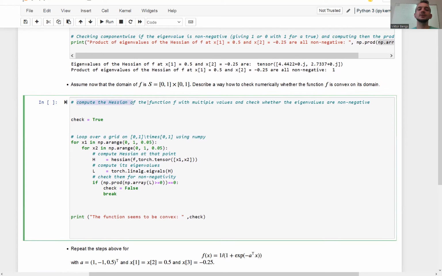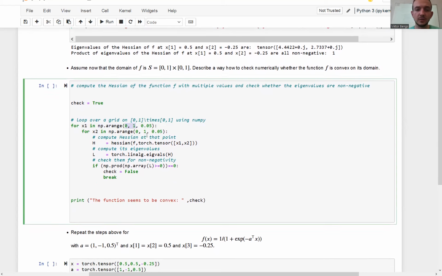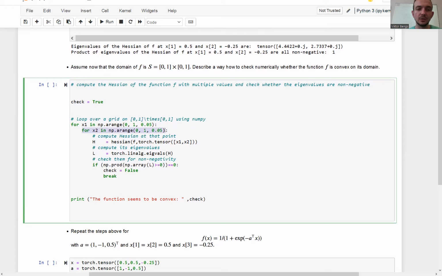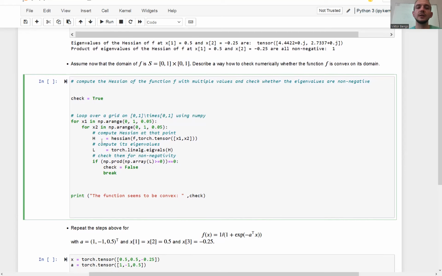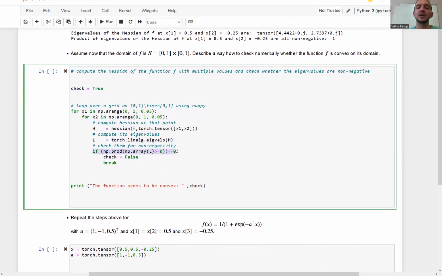And what we will simply do is we compute the Hessian on a grid of the set S. We go here with the first component over with step size 0.05 over the 0,1 unit interval, and then in a second loop we do the same for the x2, and then for each combination of the two we compute the Hessian matrix of our function f at that point, compute of this Hessian matrix the eigenvalues, and then do our check.